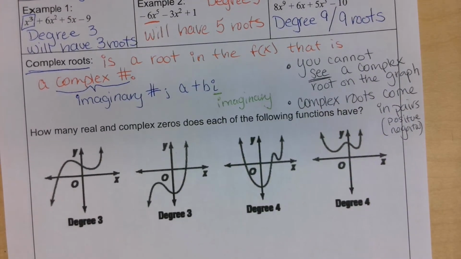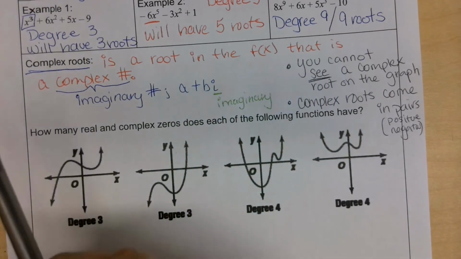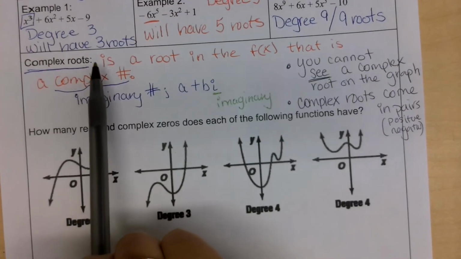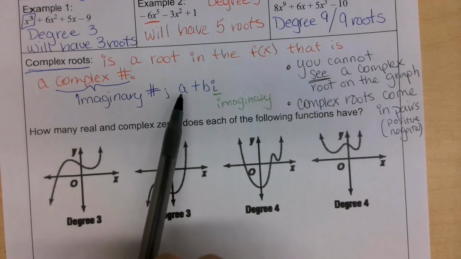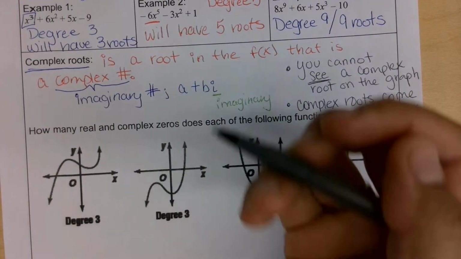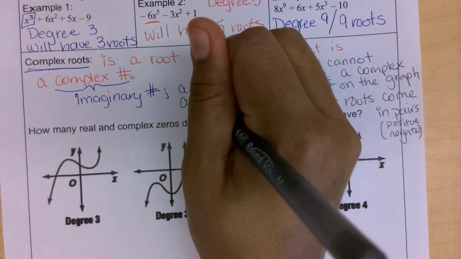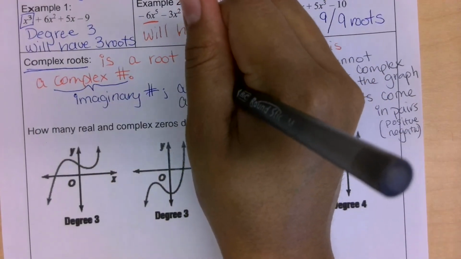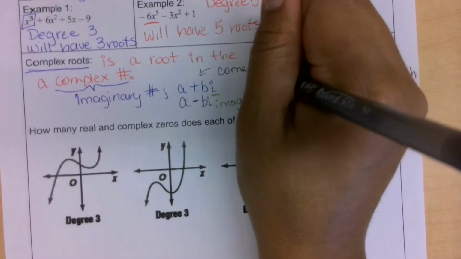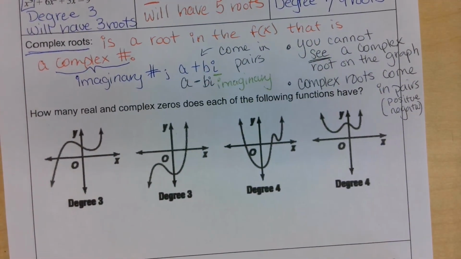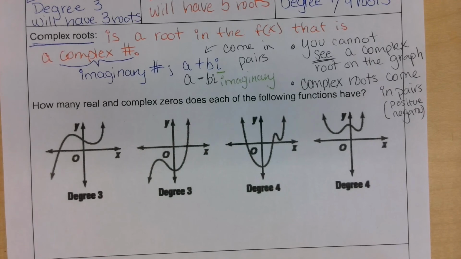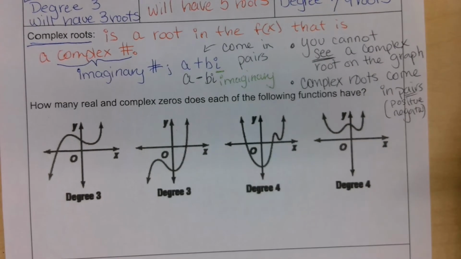All right, so that's what we're talking about here with complex roots. A complex root is a root in the function that has a complex number or imaginary. So you have a plus bi, or you have a minus bi, because they come in pairs. And it's really not that complicated. We don't really have to work too much with complex numbers in this class. Just know that they come in pairs, one positive and one negative.